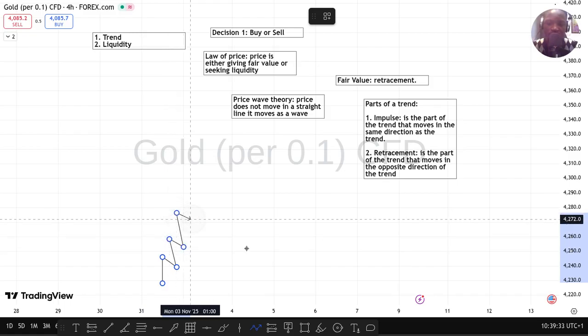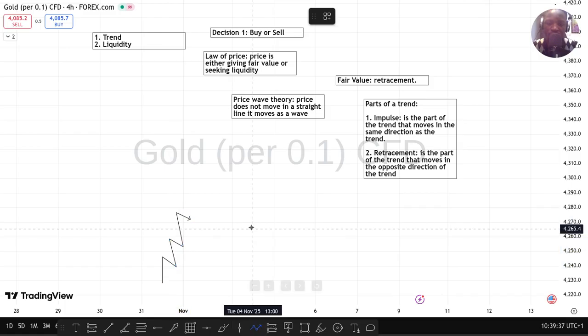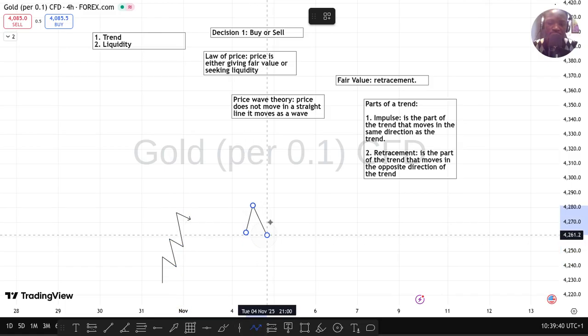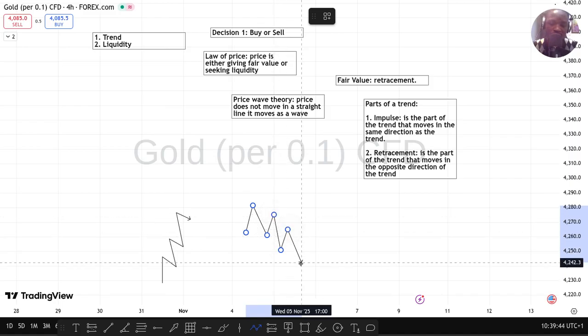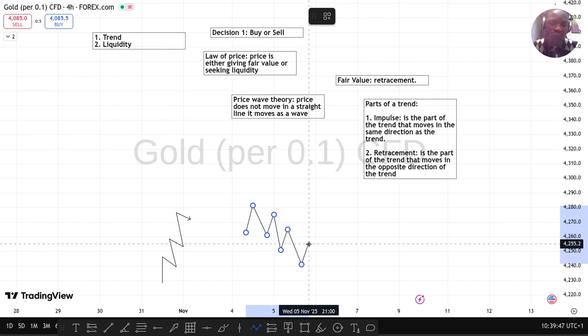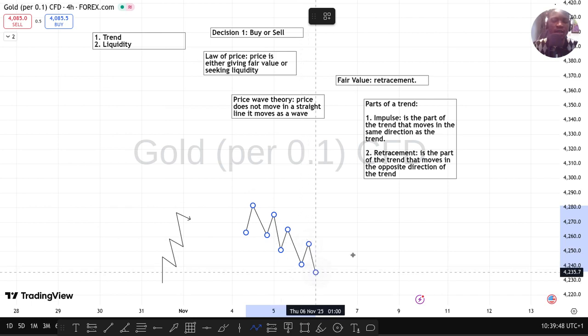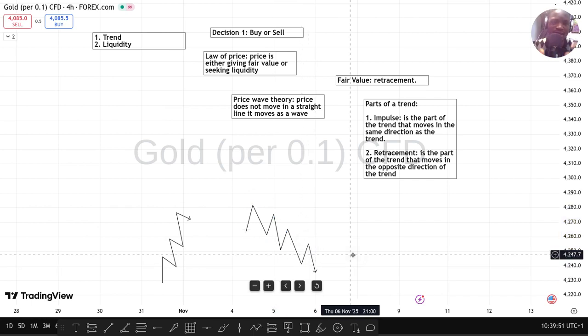And then this is a downtrend. This is a depiction of what a downtrend looks like when the market is selling, when the market is moving lower. Don't mind my diagram. So this is a downtrend, right? And you can see the wave, the zigzag manner in which it is moving. This is totally normal. This is how price moves.